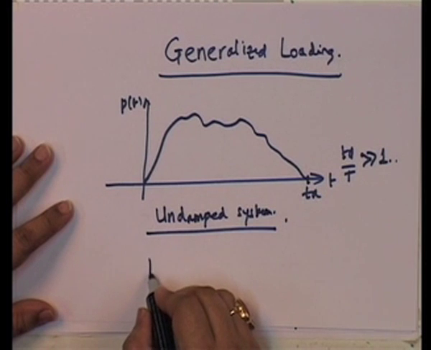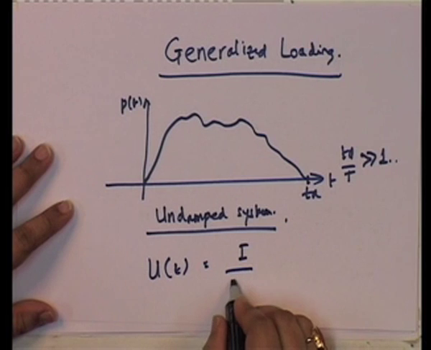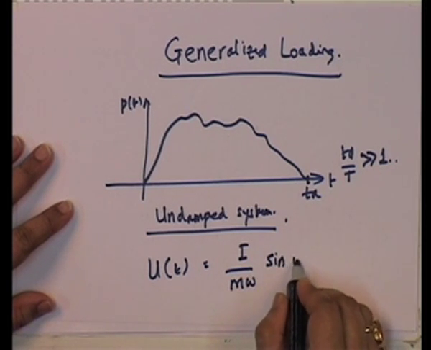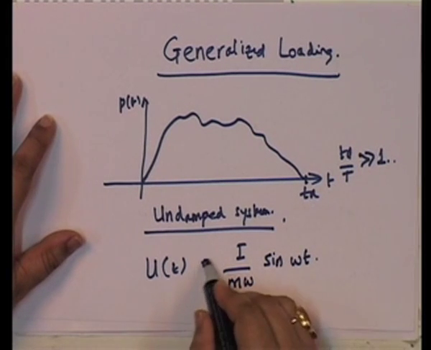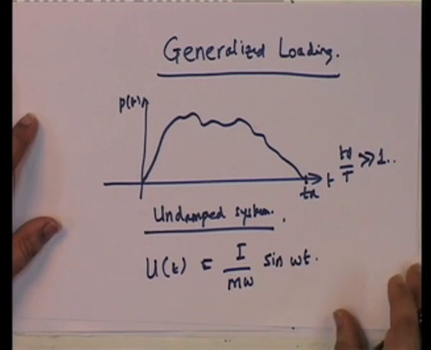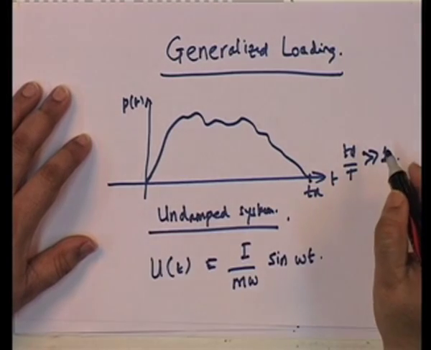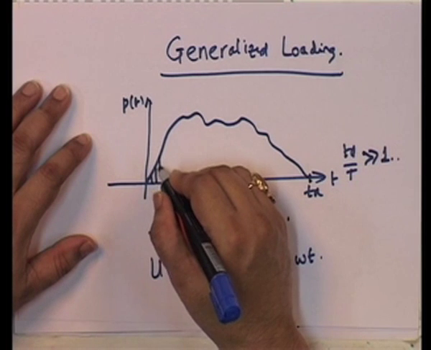If you remember, u of t is equal to I upon m omega into sine omega t. That is the response. So, now let me look at P of t as a series of pulse trains.